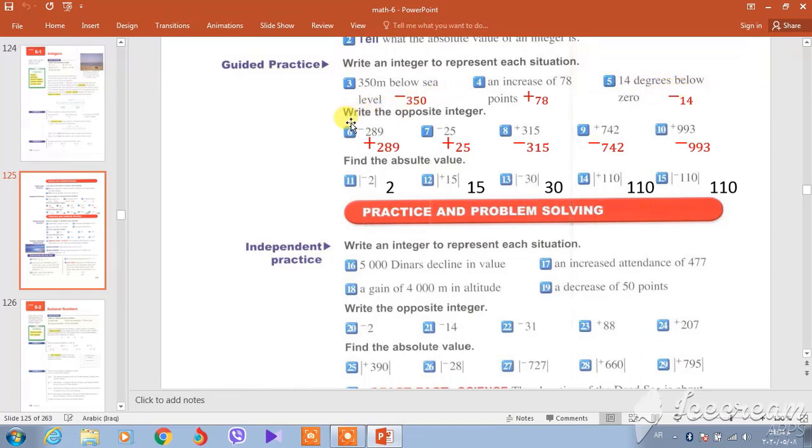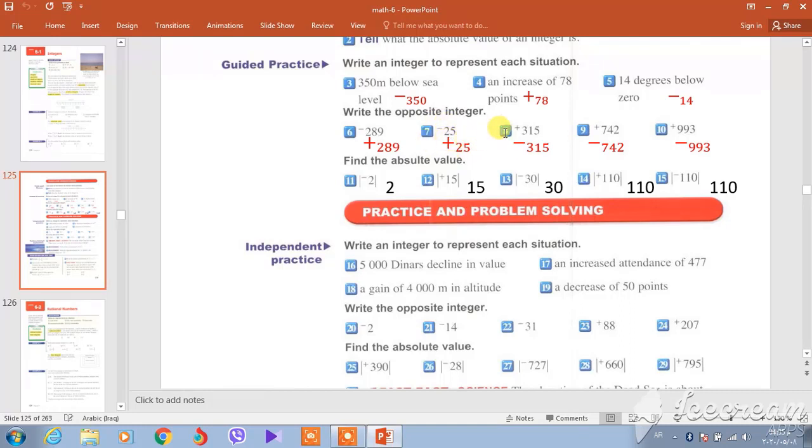Practice 6 says write the opposite integer for each number. For example, we have negative 289. The opposite of negative 289 is positive 289. In practice 7, negative 25, the opposite is positive 25.